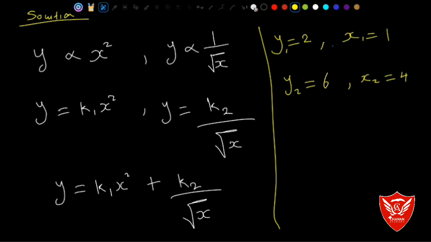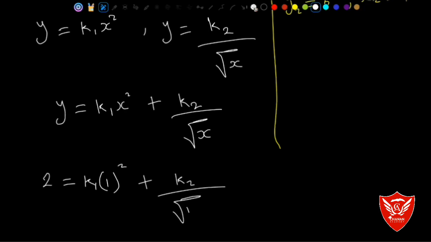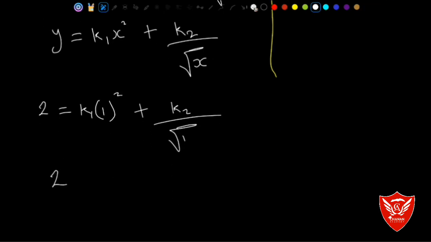All right, so we are going to solve with this now. 2 equals k1 times 1 squared plus k2 over the root of 1. Now this is going to give us 2 equals k1 plus k2. Let us call this equation 1.